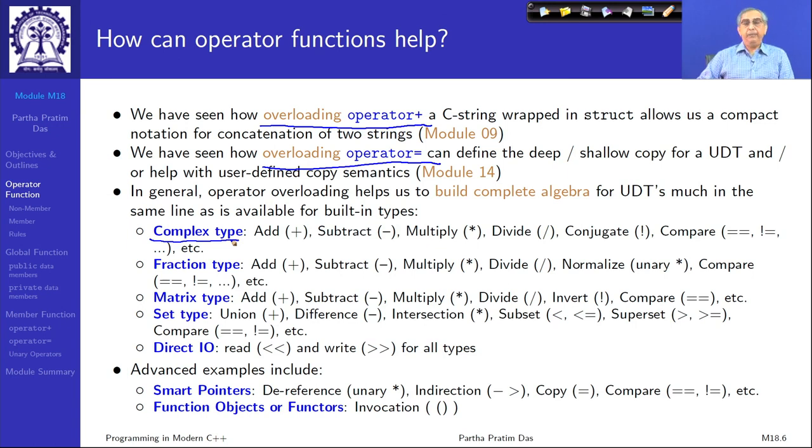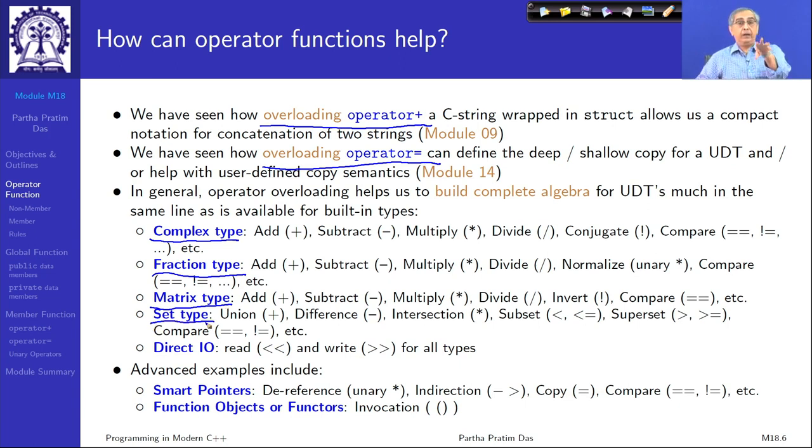But how do I build a complete complex type with addition, subtraction, multiplication, conjugation and comparison, all of that, so that the kind of expressions I can write with int, I will be able to write with complex as well? Can I do that for proper fractional type, rational numbers? Can I have similar types built up for matrices, for sets?